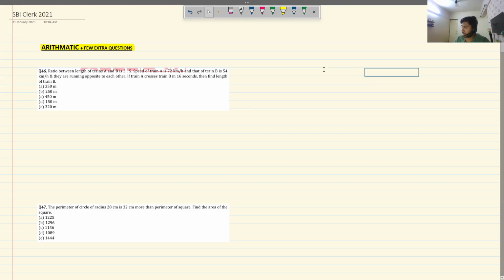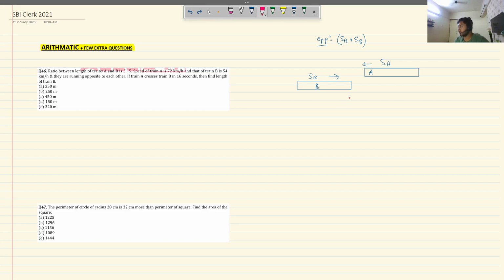So let's say this is train A, and this is train B. If they are coming from the opposite side together, and train B's speed is SB and train A's speed is SA, then if they're coming from opposite direction, the relative velocity will add up. So SA plus SB.